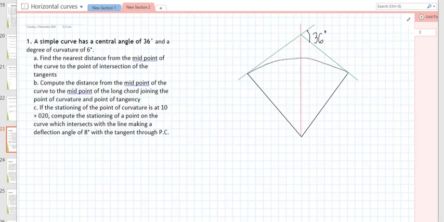So unsa to na distance ang gipangita? So this distance na from the point of intersection of the tangent to the midpoint of the curve.